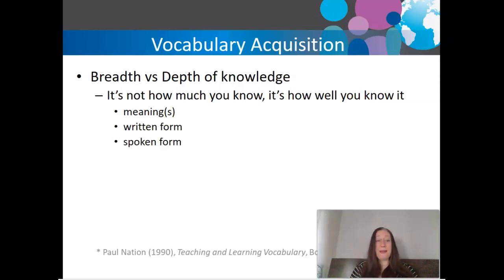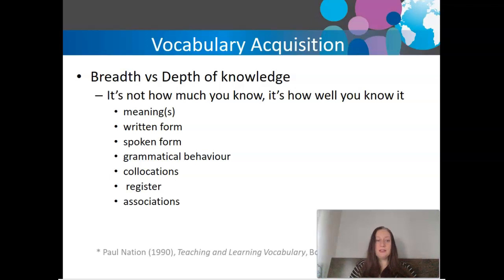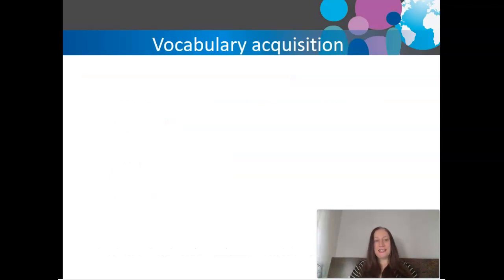But you need to know how it's spelt, you need to know how to pronounce it, you need to know how it works in a sentence, what verb forms typically come after it, before it, what words go with it, what are typical collocations, how formal is it, what circumstances would this be an appropriate word or phrase to use, what associations does the word have, how's it going to affect the communication, and also how frequent it is.